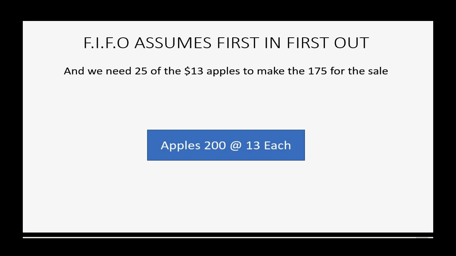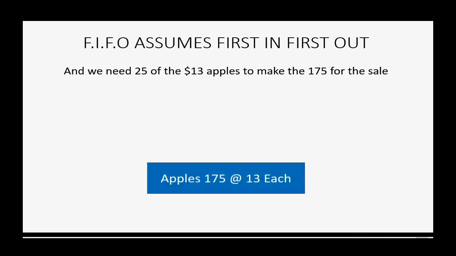So we're going to also take away 25 from the $13 apples, so that after this sale, we're left with only 175 apples that we paid $13 for each of them. And multiplying 175 times 13 would be the inventory asset cost of apples after that sale.